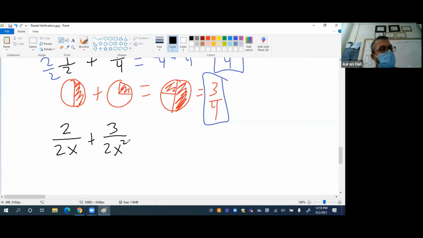All right, so we're going to multiply it by 1 in the form of x/x. So I have x/x, okay? Now if I multiply that, it gives me 2x/2x squared plus 3/2x squared, okay?